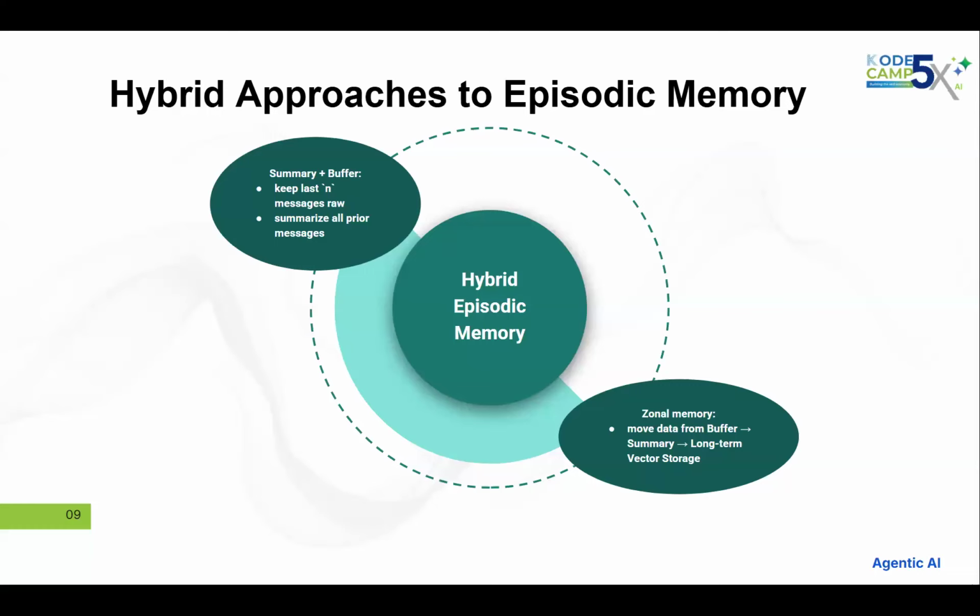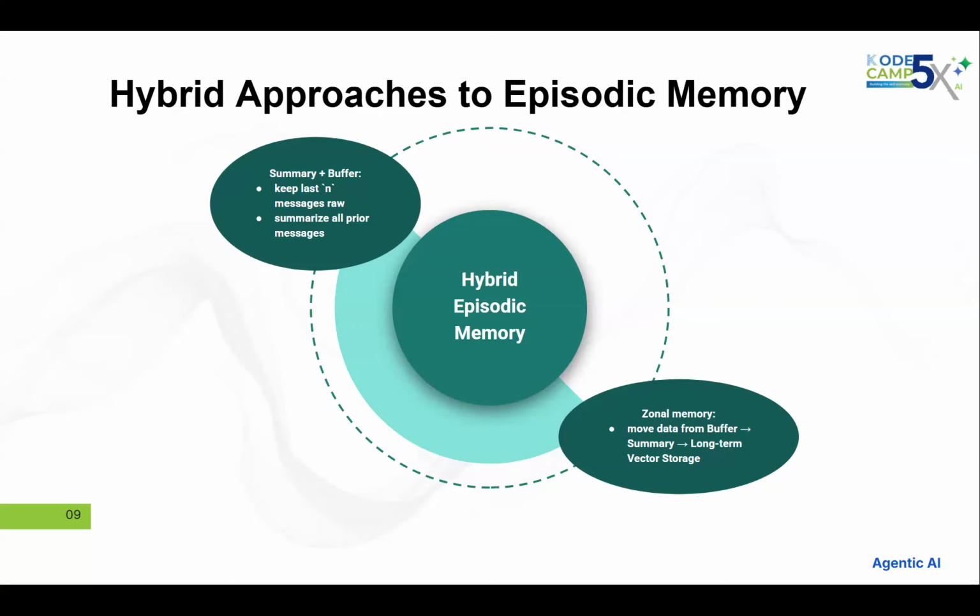Recent history tends to have more relevance than very old history. So you could say keep the last 2, last 3, last 10 messages raw, that's in buffer memory. And then every other prior message, you summarize. That way, you get the advantage of detail in the most recent history, and you also capture long history, but you compress it to make more efficient use of tokens.